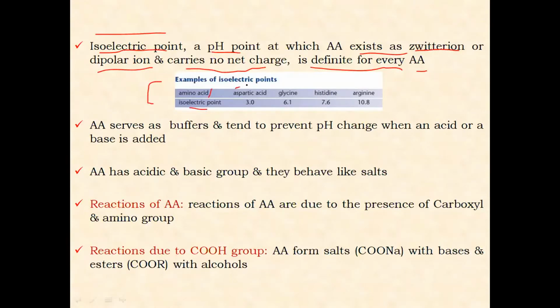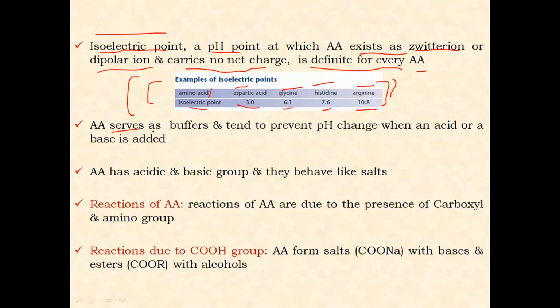Aspartic acid has 3.0, glycine 6.1, histidine 7.6, arginine 10.8. So it is definite or specific for each amino acid, and this is known as the isoelectric point. It is the pH where an amino acid exists as a Zwitterion.